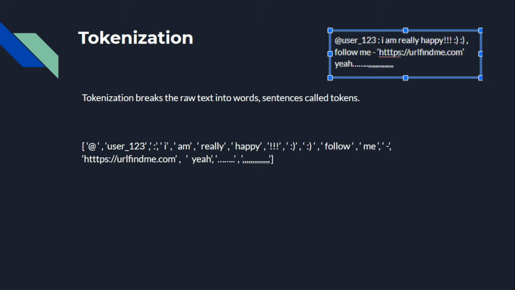Tokenization breaks the raw text into words, sentences, and so on. So we have raw text and then we tokenize it.